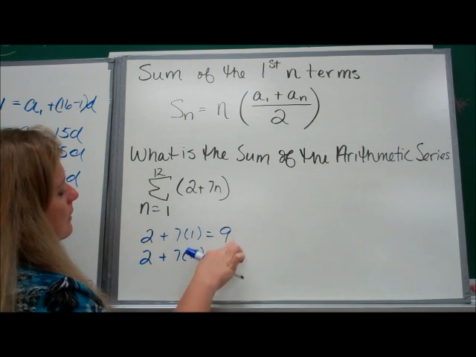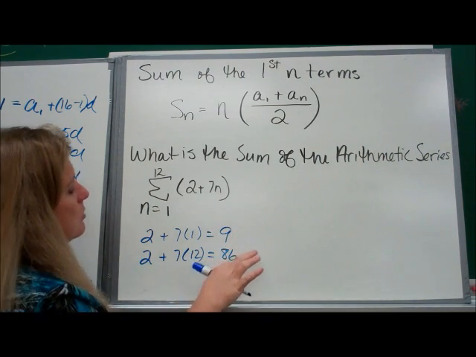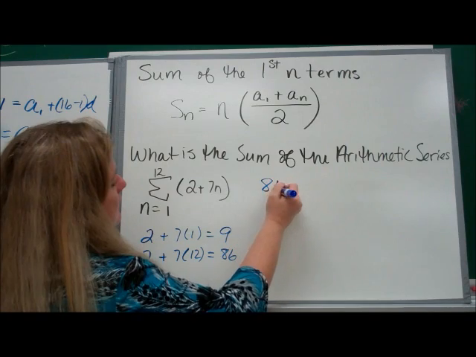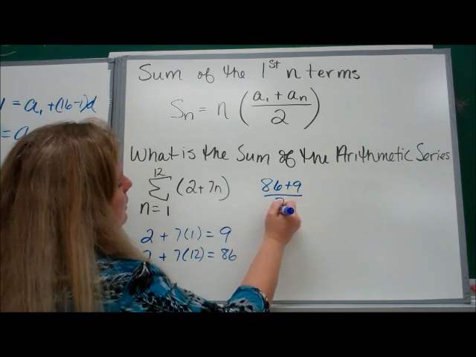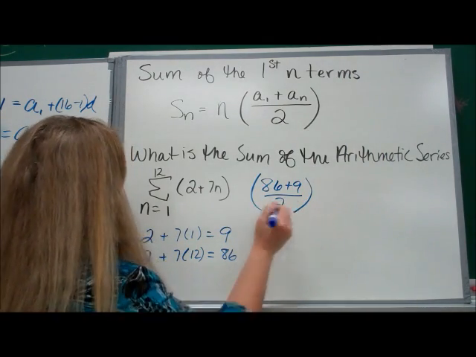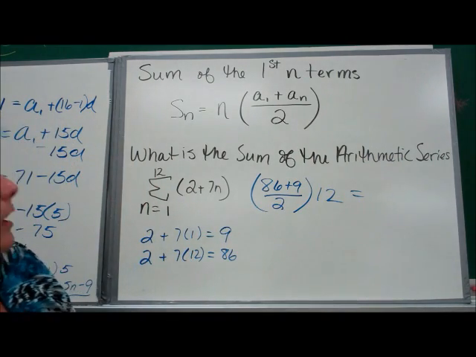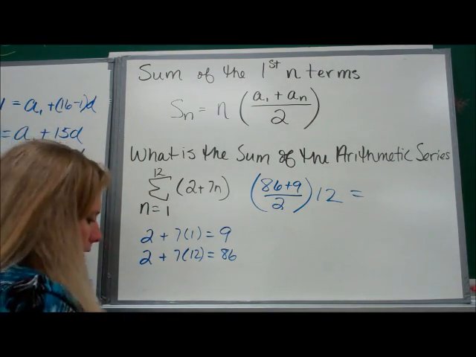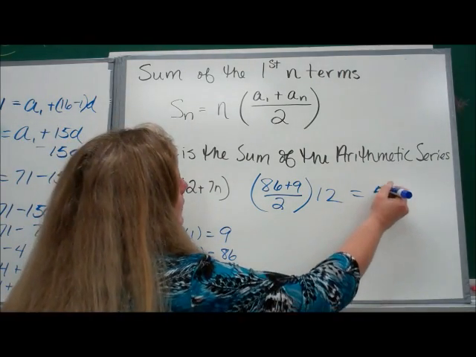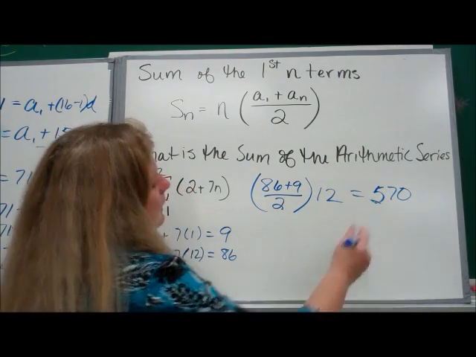Now we find the mean of these two numbers by taking 86 plus 9 and dividing by 2, and we multiply that by the number of terms, that's 12. So the sum of this series is 570. Most of you probably had that before me.